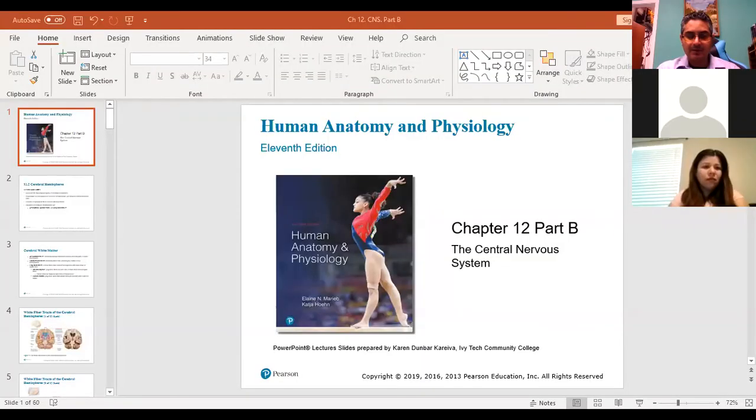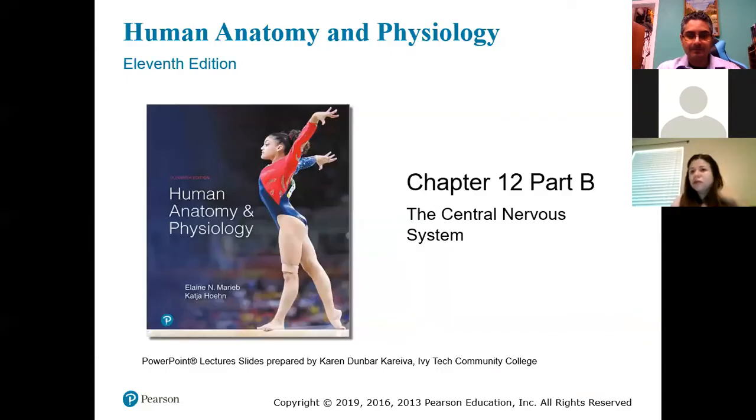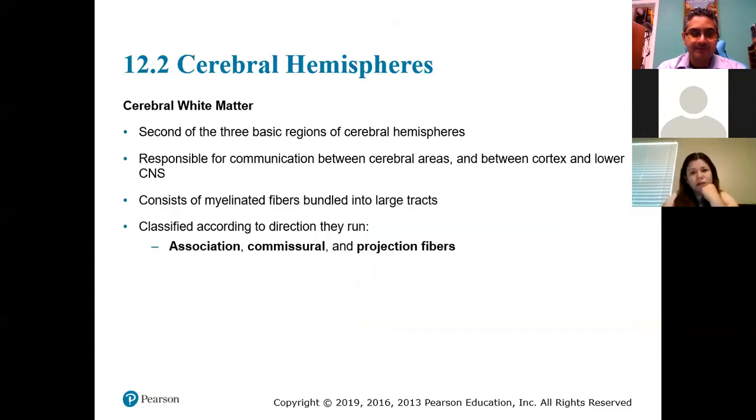Let us take a quick look at the PowerPoint so it can help guide us through. Okay, so again, this is part B. So we covered in great depth part A, so we're now looking at part B.